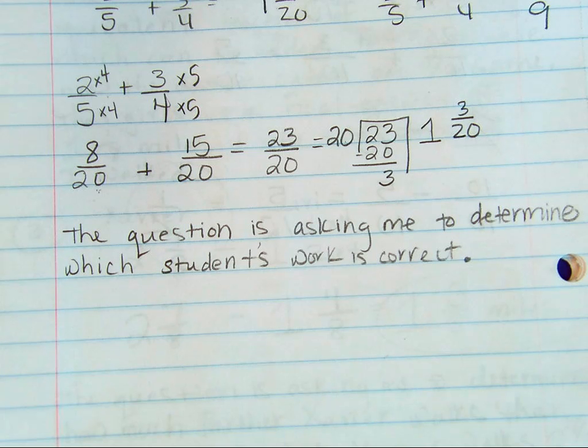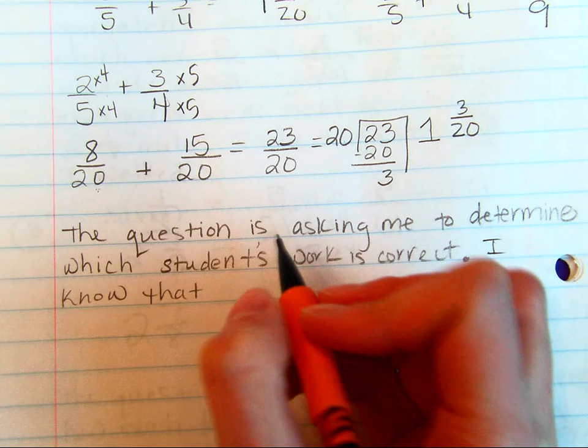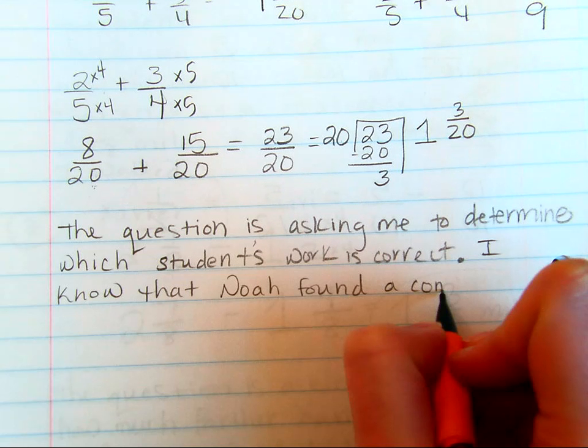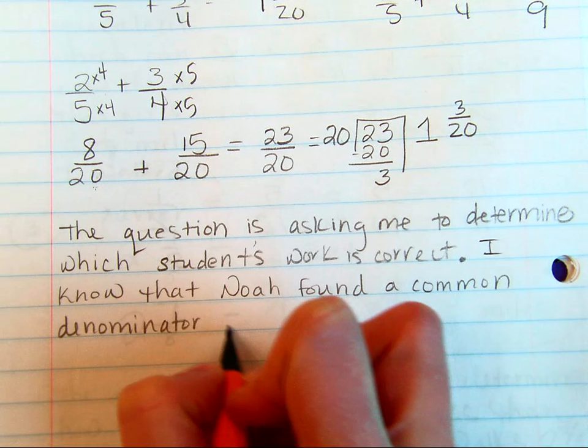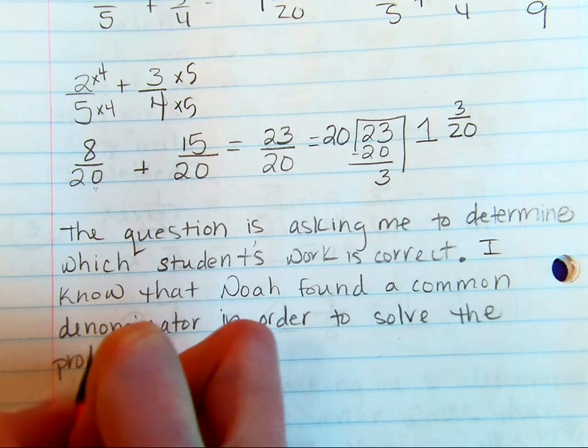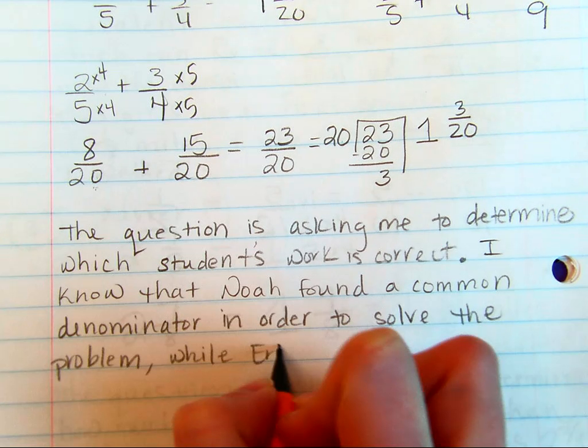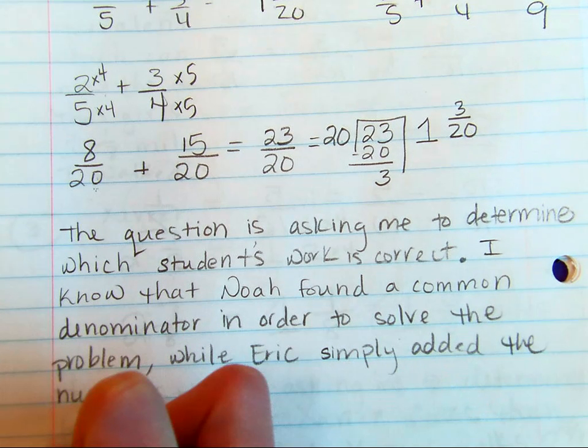So I'm going to say, I know that Noah found a common denominator in order to solve the problem, while Eric simply added the numerators and denominator.